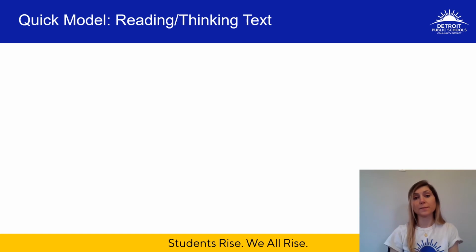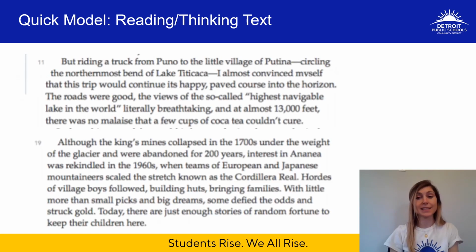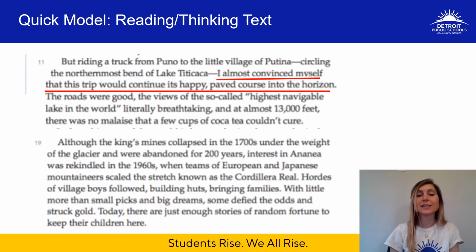Here's a quick model. I'm going to reference paragraphs 11 and 19 of the text. First, I'm going to try to decipher between facts, which is true for everyone, and personal observation and imagery. So first I see this line, "I almost convinced myself that this trip would continue its happy paved course into the horizon."